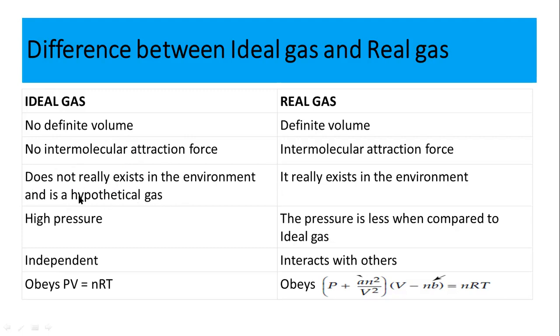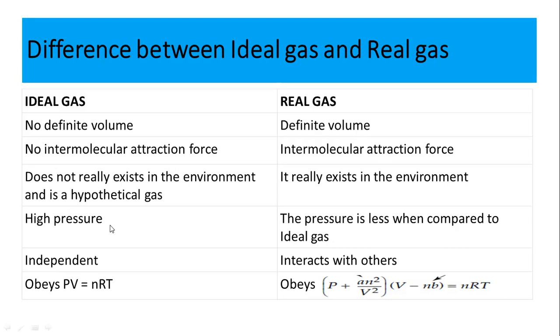So they do not really exist in the environment. But opposite to the ideal gas, the real gas has a definite volume and intermolecular forces. That's why it really exists in the environment. Oxygen, nitrogen, all these gases are real gases.